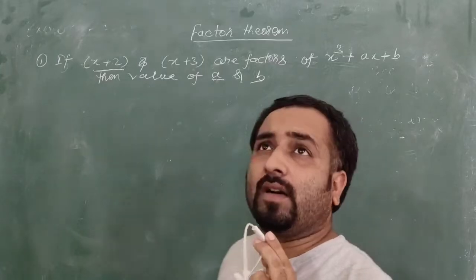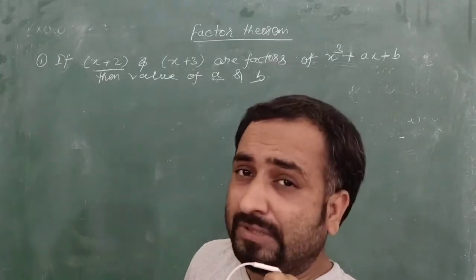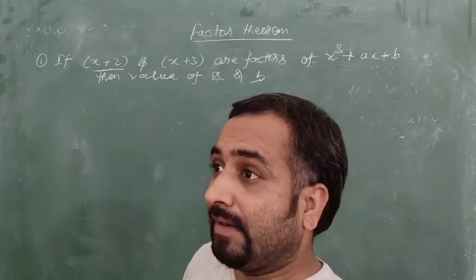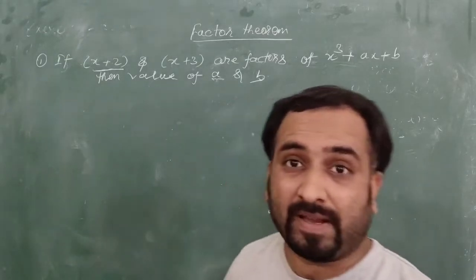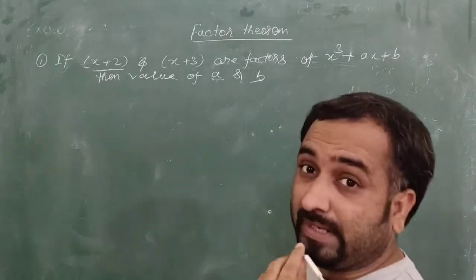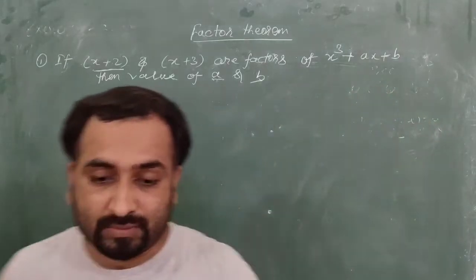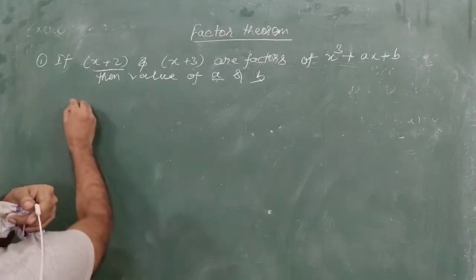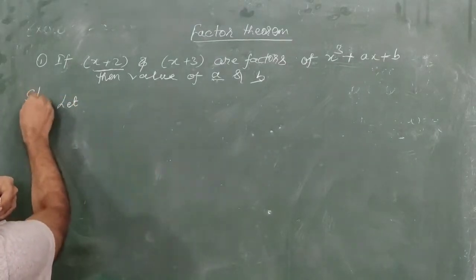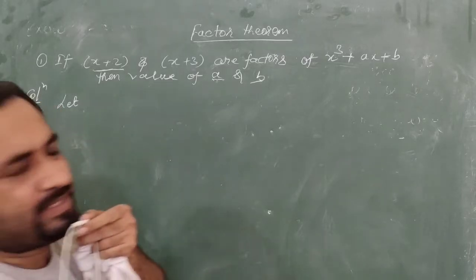So according to the factor theorem, we should have a polynomial, and the polynomial is just like f(x). We will introduce the polynomial with the help of f(x). See the solution. It's an ICSE 2018 question actually.